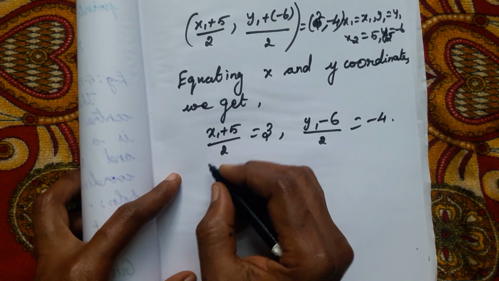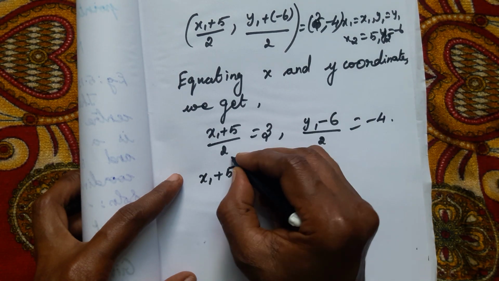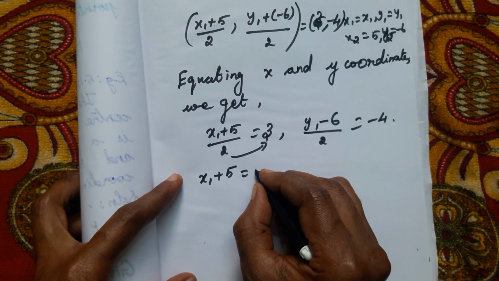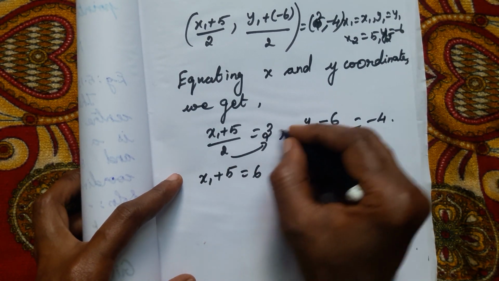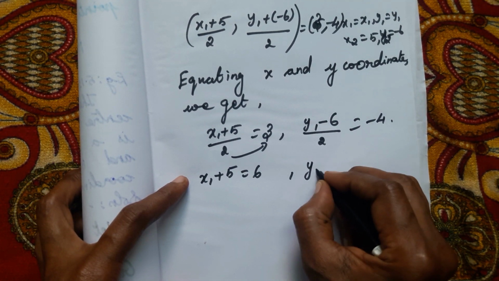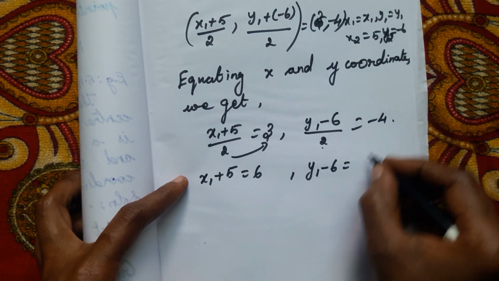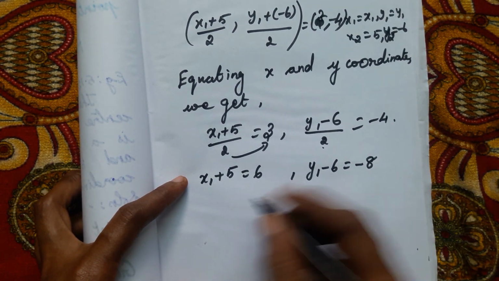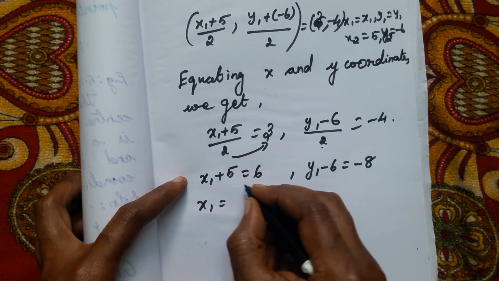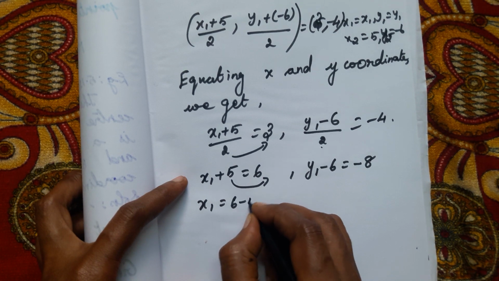Next, x1 plus 5 is equal to 3 twos are 6. And y1 minus 6 is equal to minus 4 into 2, 4 twos are 8, minus 8. Taking 5 to the other side, 6 minus 5.